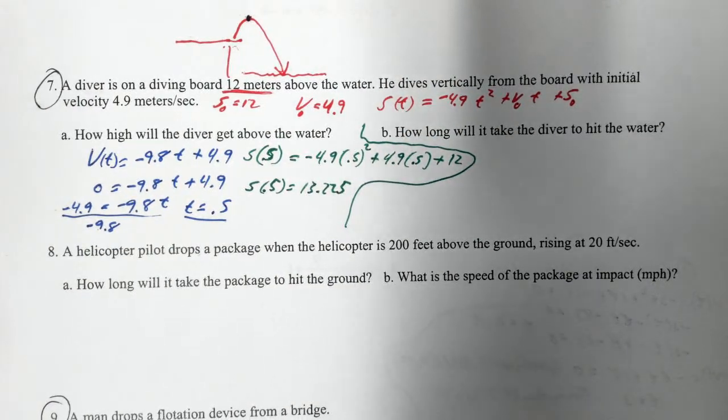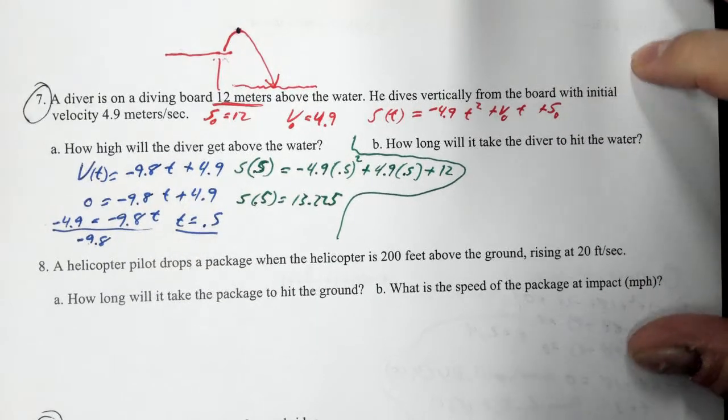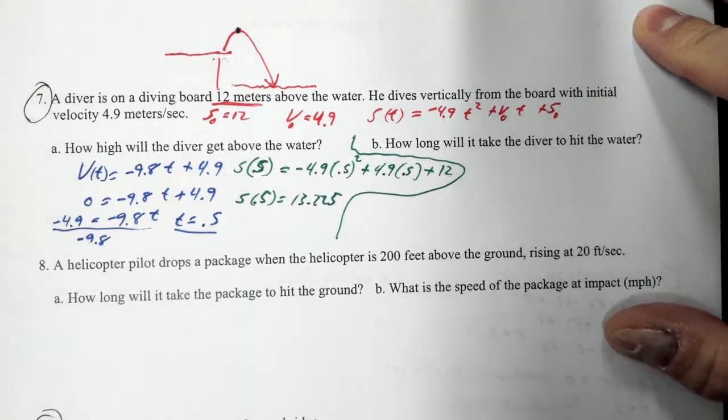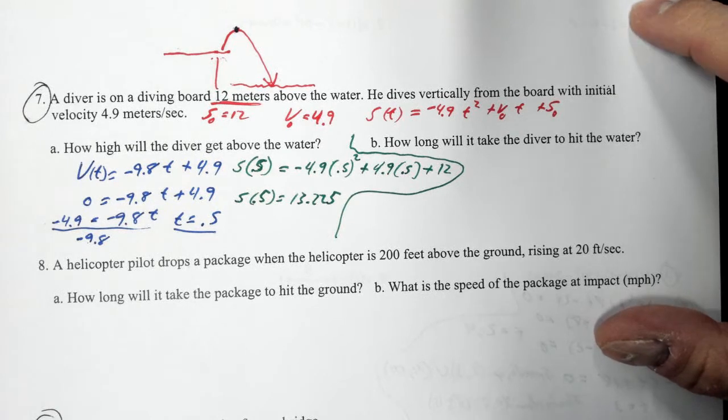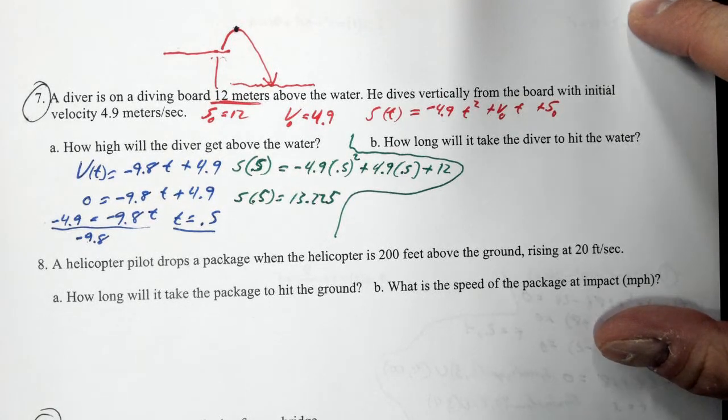Okay, part B asks, how long will it take the diver to hit the water? Well, water, we're considering position 0. Water's the bottom, position 0. So we want to know when his position equals 0.